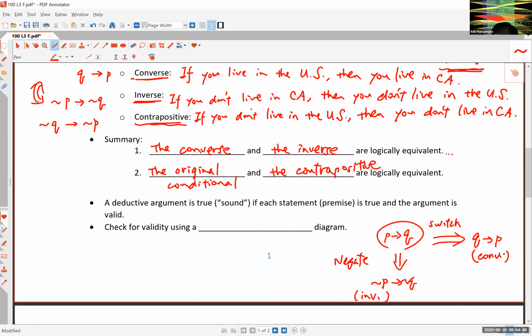The converse is obtained by switching. The inverse is obtained by negating both, but not switching the order. But if you do both, so negate and switch, then you get the negation of Q implies the negation of P. I didn't write that down correctly. This says the negation of Q.